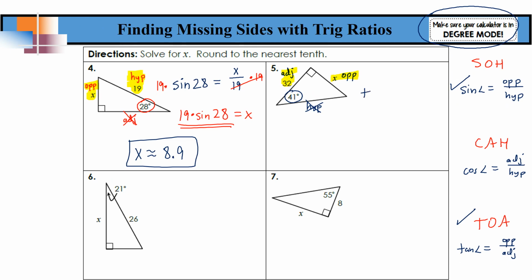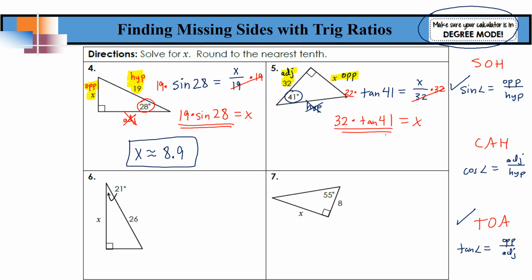So we can write tangent of 41 equals the opposite side, x, over the adjacent side, 32. Just like before, x is kind of trapped in the numerator of this fraction, so we can undo this division by multiplying both sides by 32. And over here that cancels. We have 32 times tangent of 41 equals x.